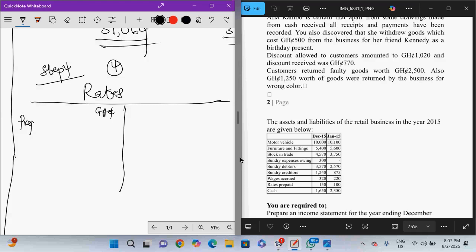So prepayment, what is the balance brought down? Rate prepaid balance brought down is 100. And what will be the closing prepaid? Closing balance is 150, right?